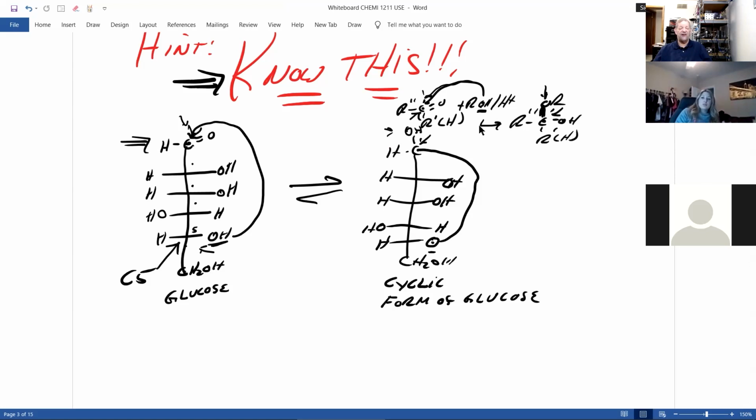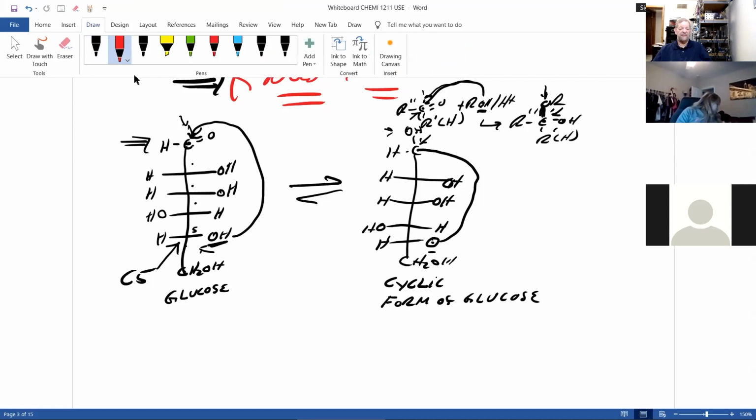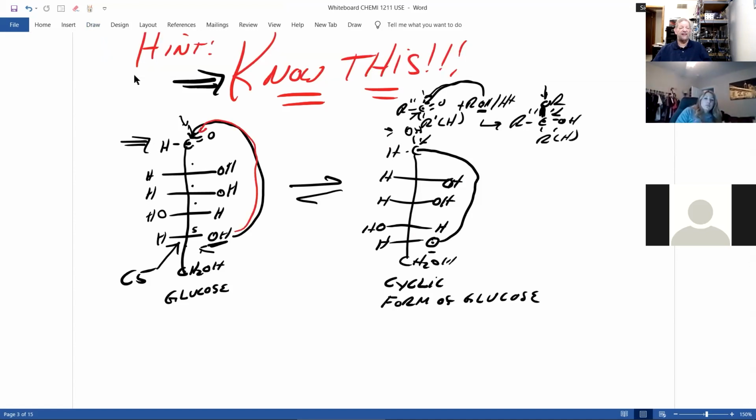And this alcohol reacts by attacking the carbonyl, just like this attacks it right here, and forms the hemiacetal. Well, here, right here, it's the same thing. And this is a real bond between this oxygen and this carbon. Students tend to forget about that, or the other thing is forget this hydroxyl group on there. And that you should know how to do.